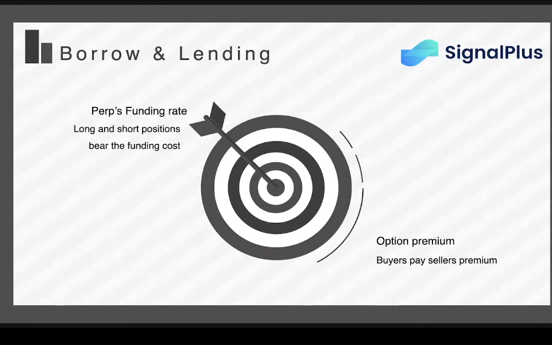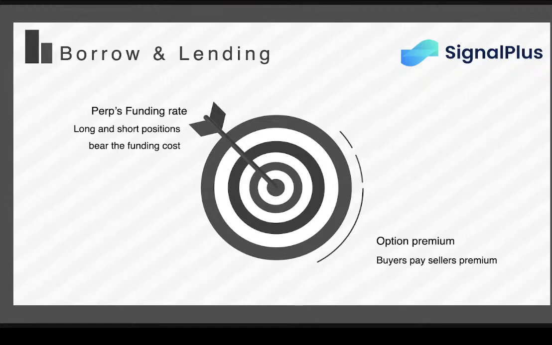And in the borrow and lending market, as we all know, we are always using some DeFi protocols, or even centralized exchanges, borrowing stablecoins with coins, and so the borrowers pay yield.